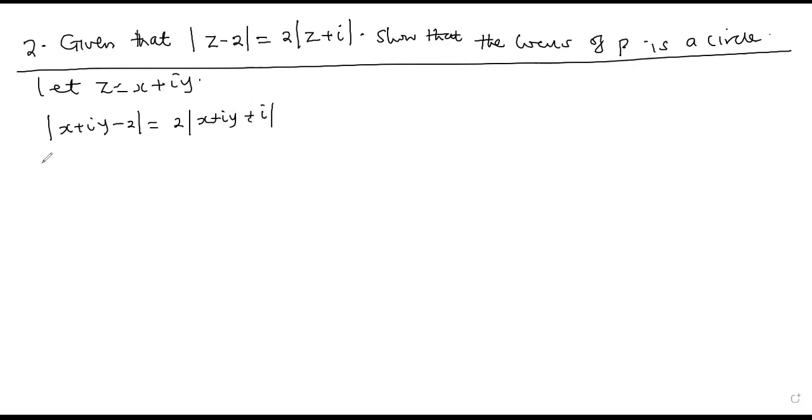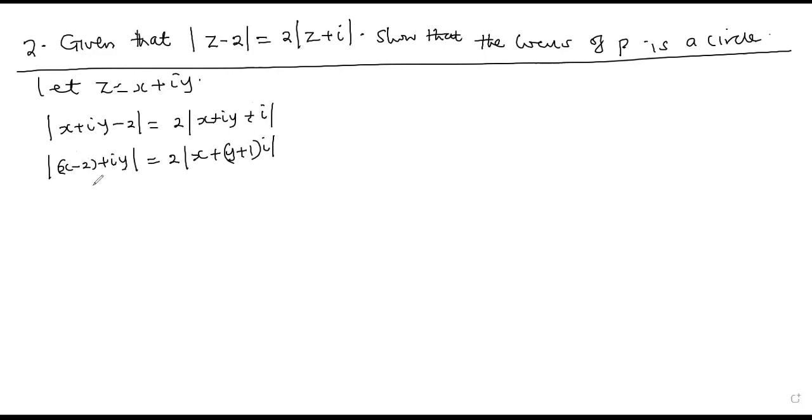So when you look at this, it means that we shall have the magnitude. You collect the real, so it is x minus 2 plus iy is equal to 2. Collect the real, which is x, then plus the imaginary, which is y plus 1 into i.